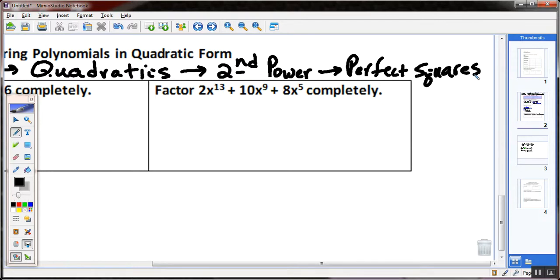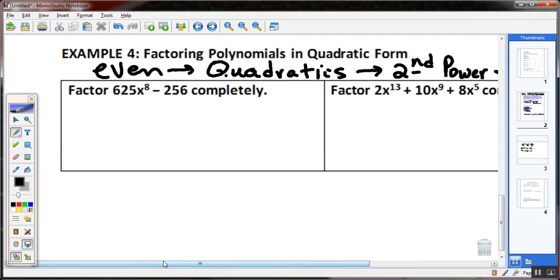And in this example right here, we're going to try to apply it to a power of what here? Well, power of 8. First of all, kids, 625. Somebody take the square root of 625. In fact, I'll do that right now.